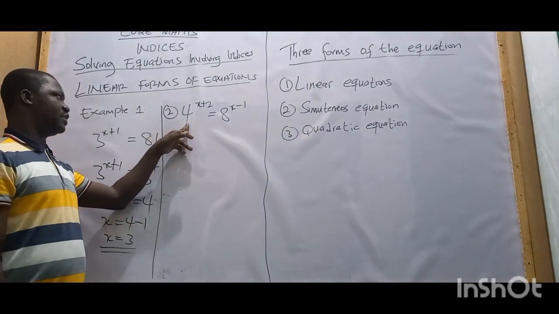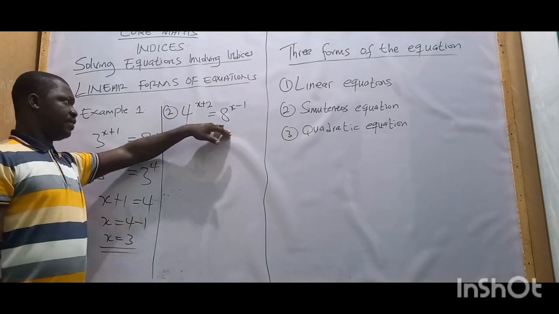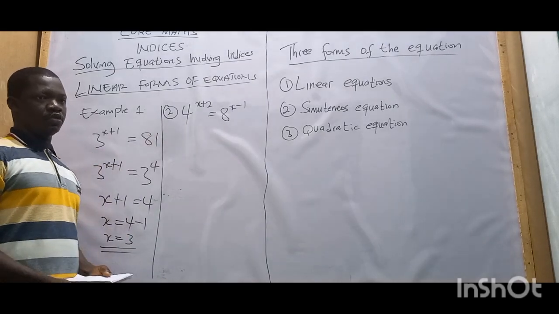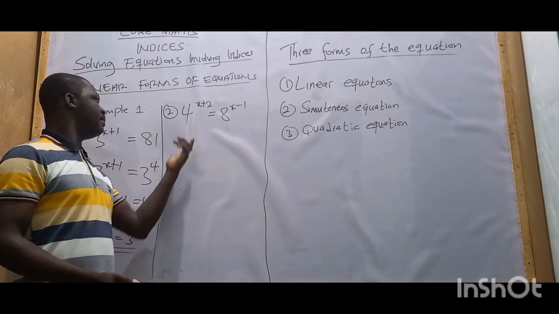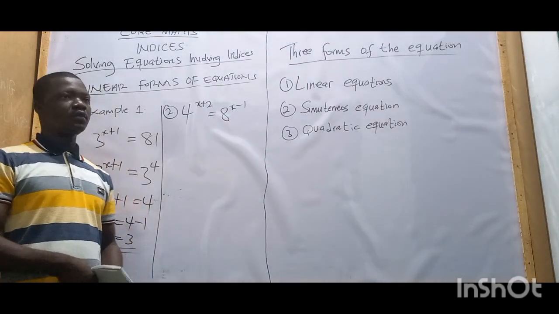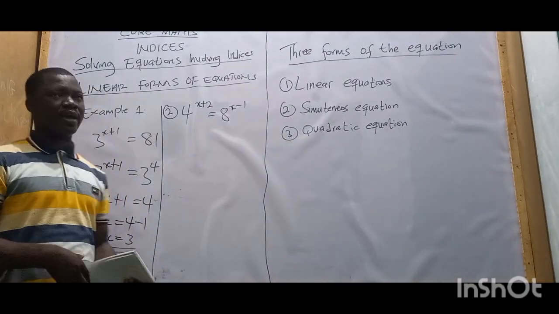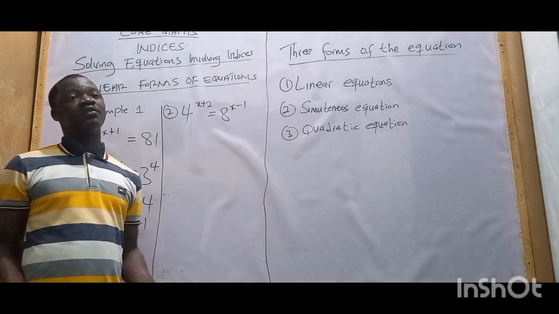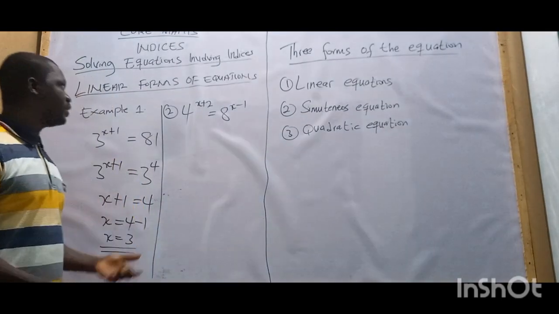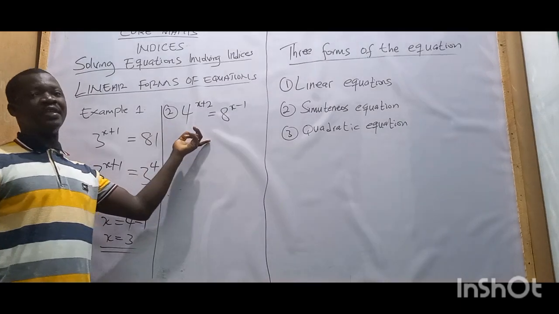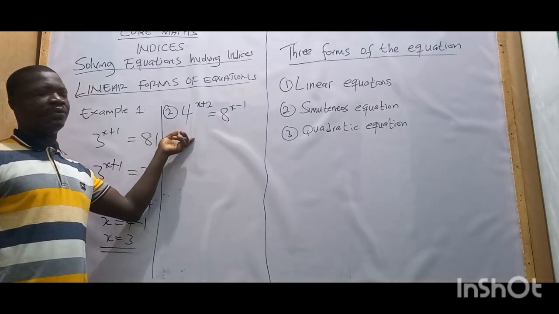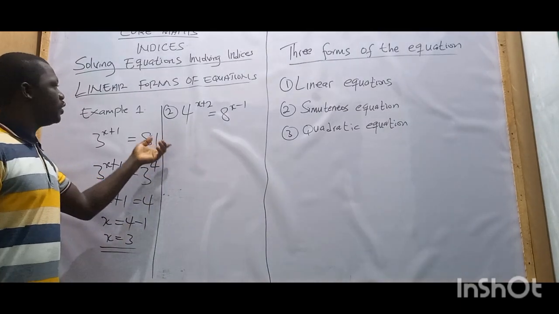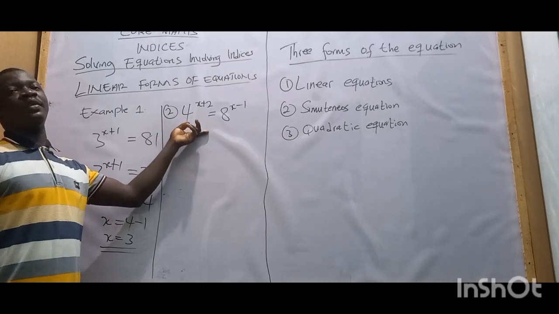So here the base is 4. Here the base is 8. So how can we make the bases to be the same? You know, if you could remember, I told you that indices came about, or it was developed, due to what? The concept of repetitive multiplication.